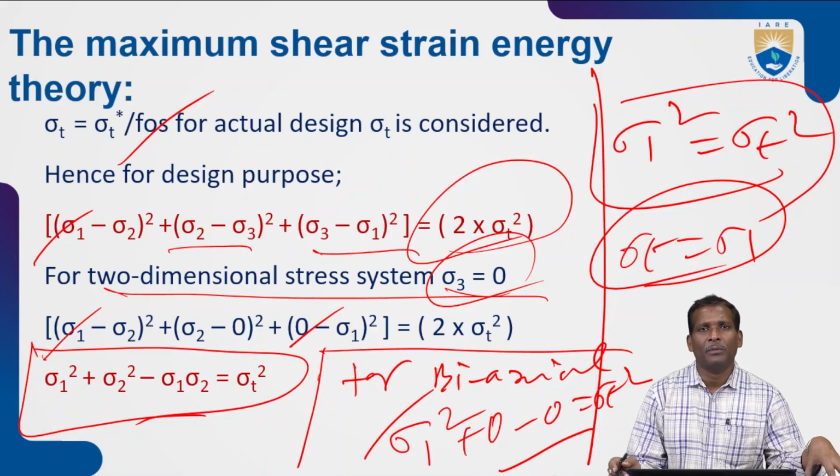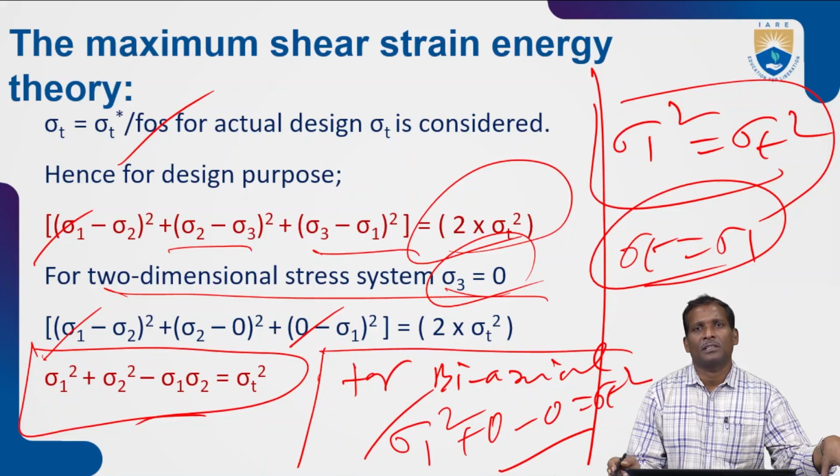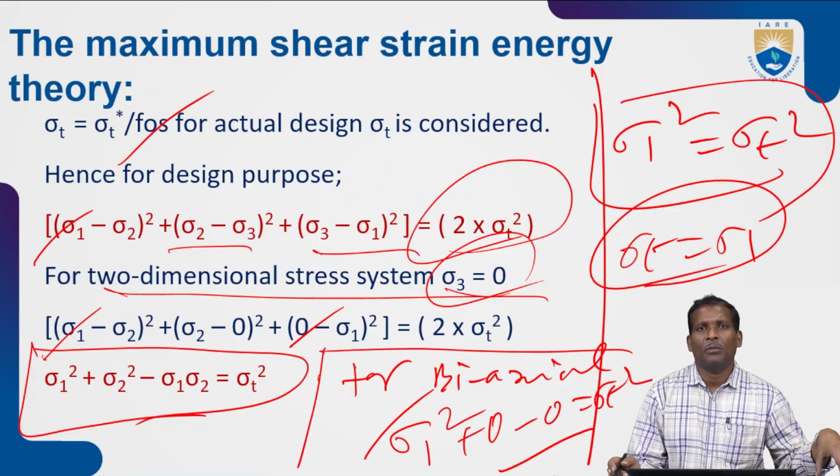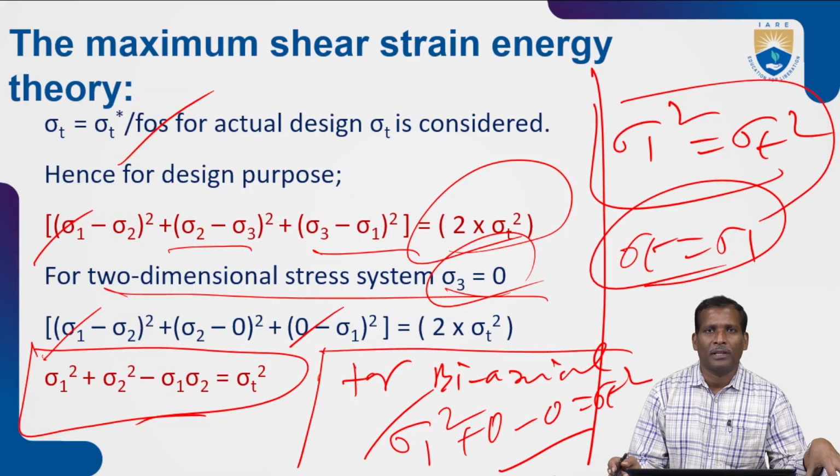Suppose the material is a brittle material, so the suitable theory is the maximum principal stress theory. If your material is a ductile material, the maximum shear strain energy theory. So these theories are applicable according to the different materials and the type of application.